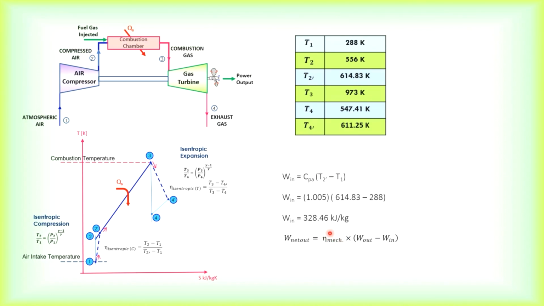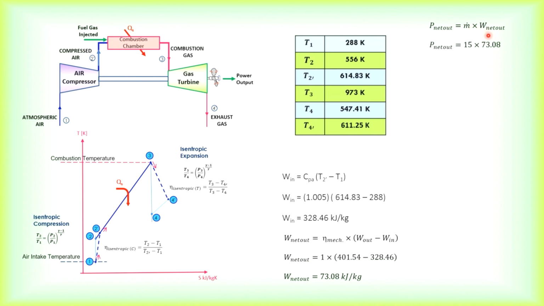If the question doesn't state to involve mechanical efficiency, usually we take it as 100%. In actual practice, it won't be 100%. Okay, so we get our net work out. In the next question, we will be introducing the mechanical efficiency.